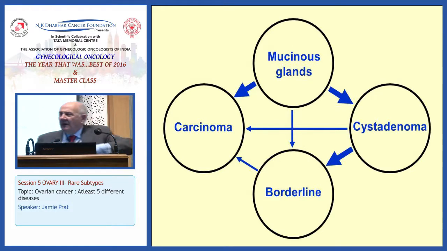And I said it's fine for high-grade serous, but it's not fine for the other 4, because high-grade serous has nothing to do with low-grade serous, endometrioid, clear cell, and mucinous, nor do the other 4 have anything to do among themselves or with high-grade serous. But anyhow, that's the way it came.